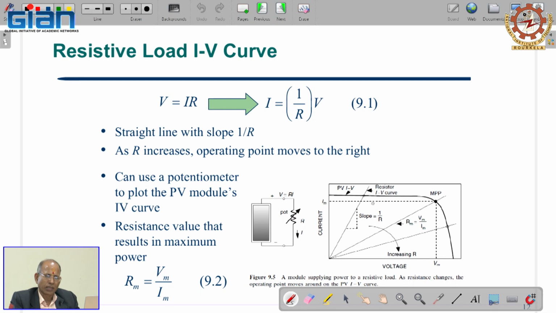So you have some flexibility in where you operate your system. If the resistance is this, you are operating here. If you have this resistance, you are operating here, or if you have this resistance, you are operating here. Obviously our interest will be to operate corresponding to the MPP condition. In general, we know that voltage is equal to current into resistance.